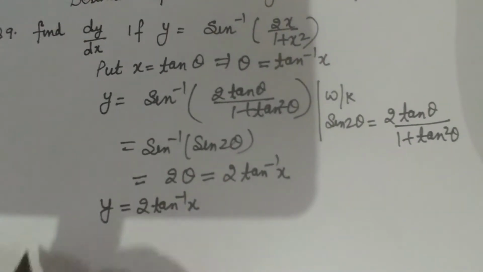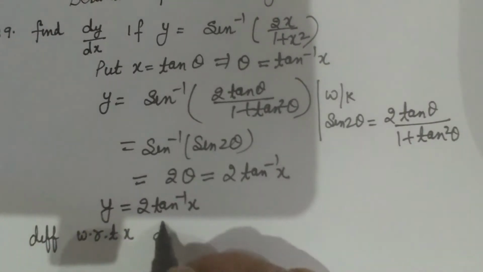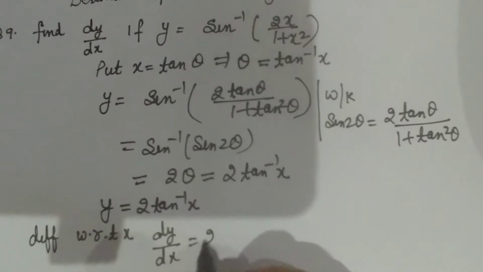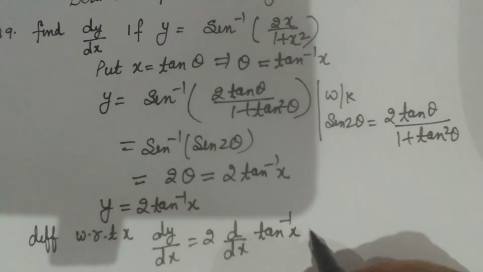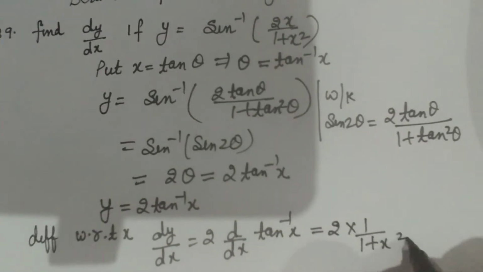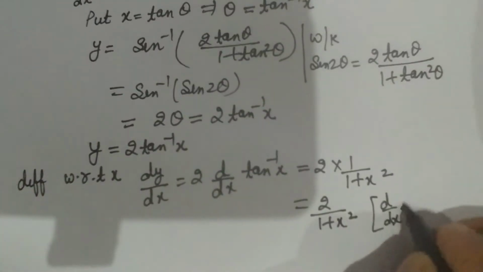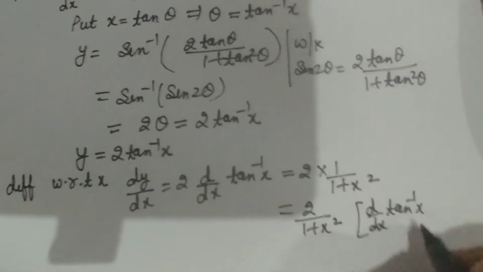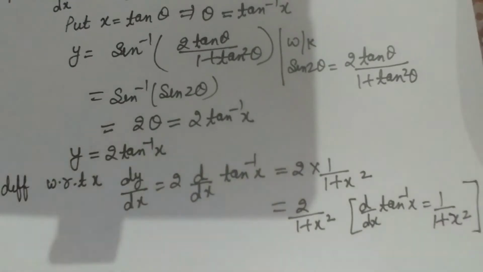Now I have to differentiate. Differentiating with respect to x, dy by dx is equal to 2 times d dx of tan inverse x. And you know the derivative of tan inverse x is 1 upon 1 plus x square.